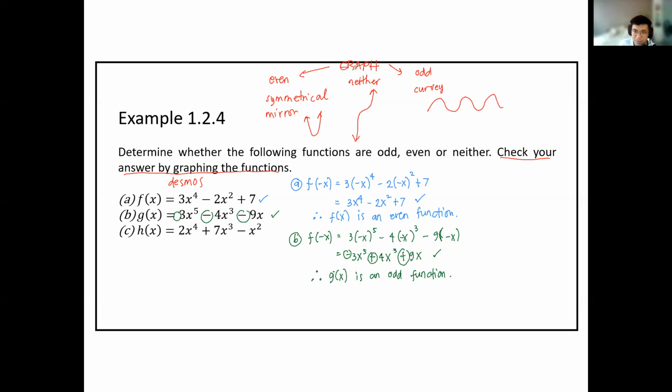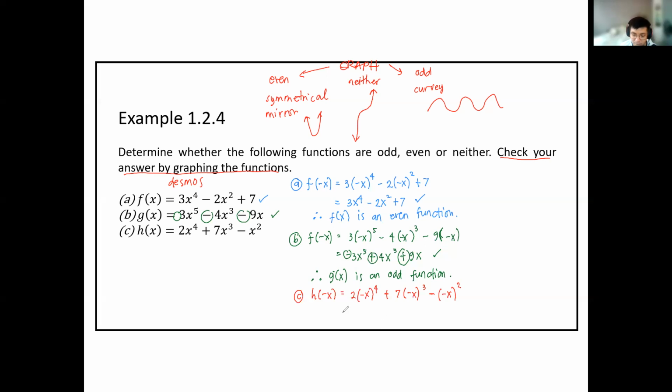Then lastly, we go to the third one. So h of negative x is equal to 2 times negative x to the power 4, then plus 7 times negative x cubed minus negative x squared.